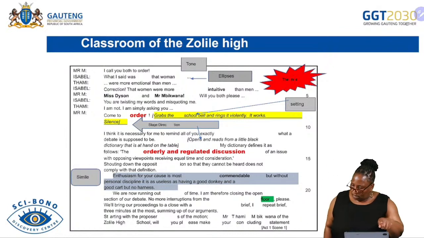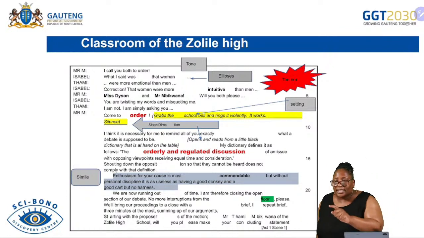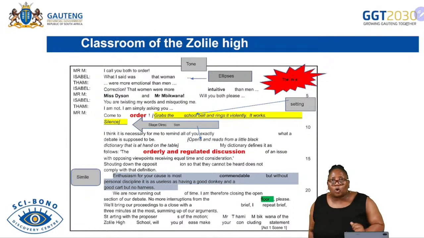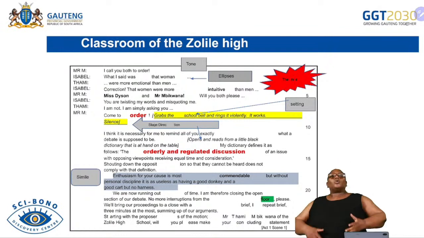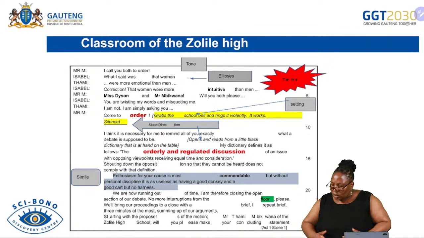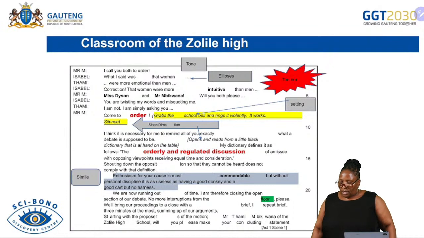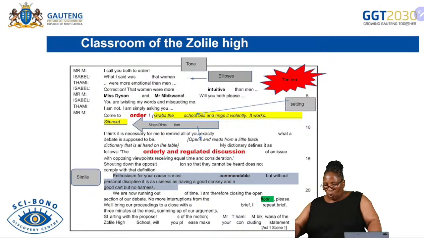Shouting down the opposition so that they cannot be heard does not comply with this definition. Enthusiasm for your cause is most commendable, but with personal discipline, it is as useless as having a donkey and a good cart, but no harness.